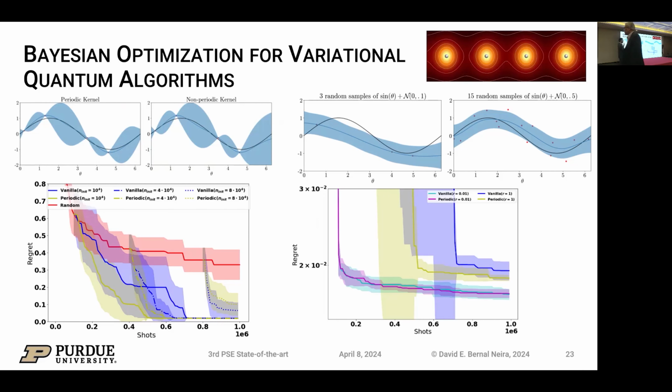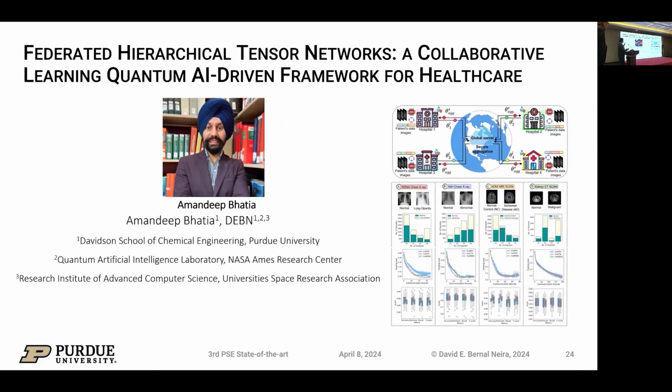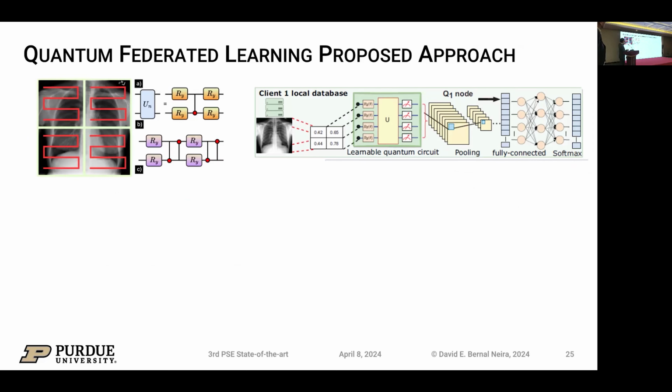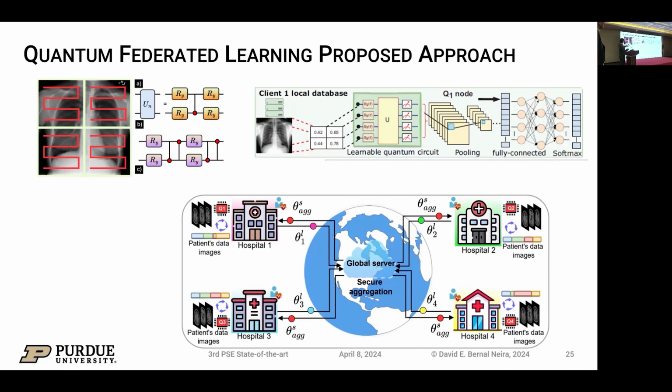Just to wrap up, the last example I had in machine learning, I ran out of time. Apologies. But basically, we were able to encode medical images into a neural network, but then a step that is quantum representable. And we had this kind of method that allows you to have different hospitals sharing model updates, not the data itself, and giving us advantage in terms of learning.